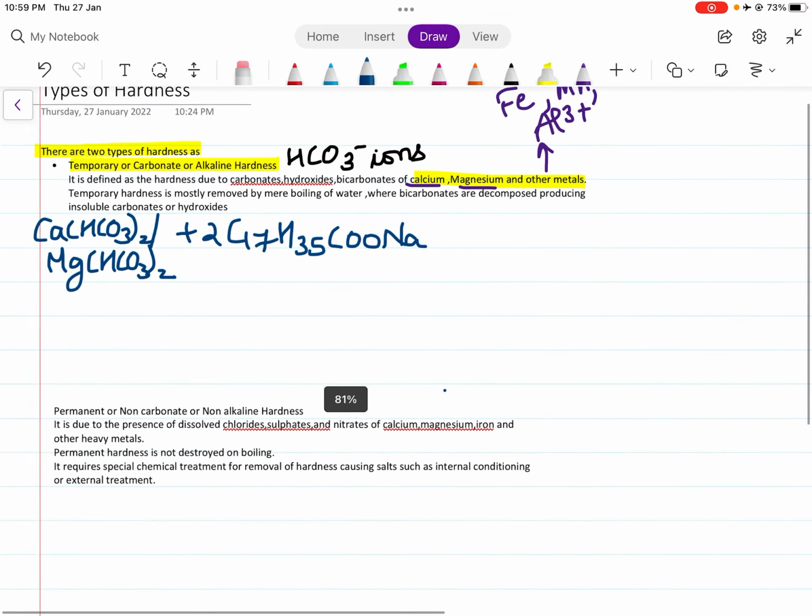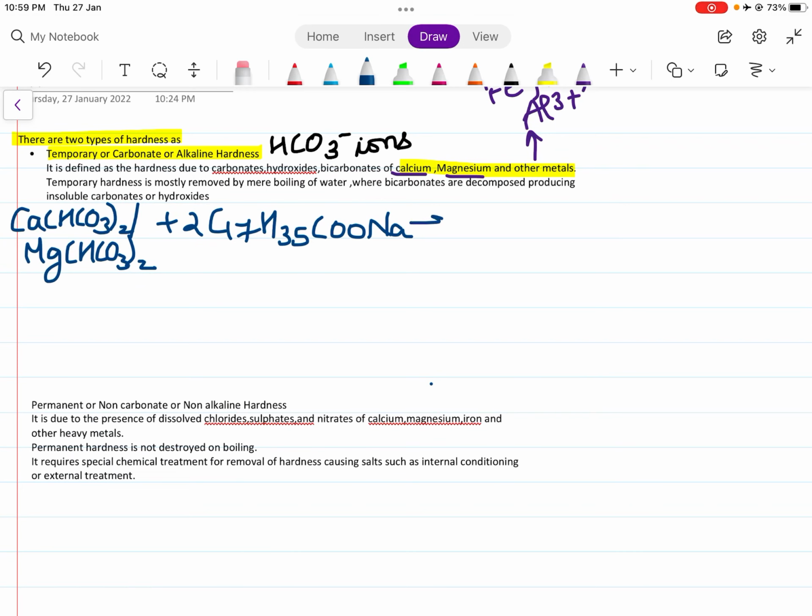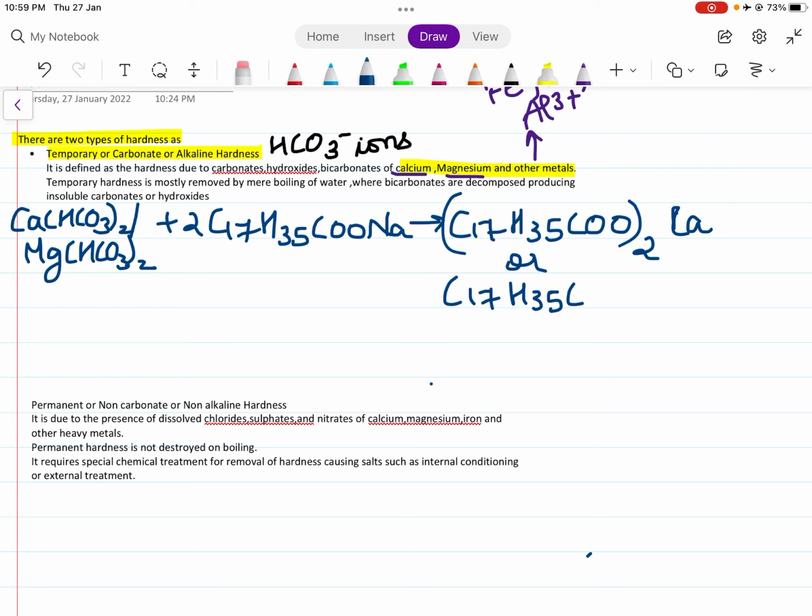When we react it with sodium stearate, we get (C17H35COO)2Ca, or you can also have (C17H35COO)2Mg, plus 2NaHCO3.